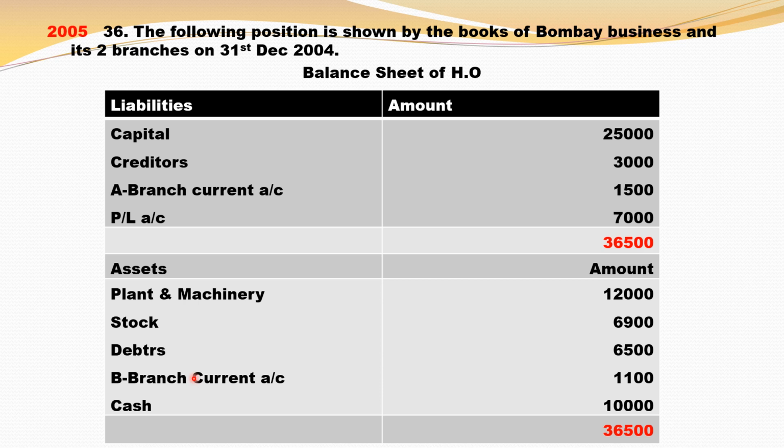It will not come in the balance sheet. Cash will come in the consolidated balance sheet. So what we consider: capital, creditor, plant and machinery, stock, debtor and cash. So we take only assets and liabilities. The remaining inter-branch assets and liabilities we are not taking into consideration.